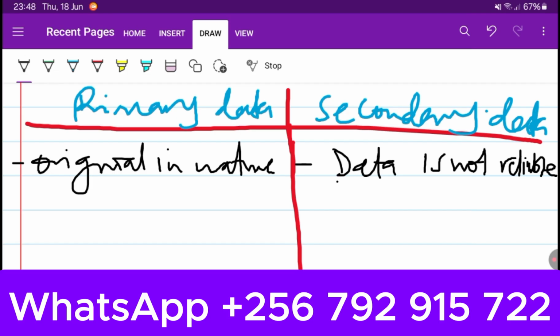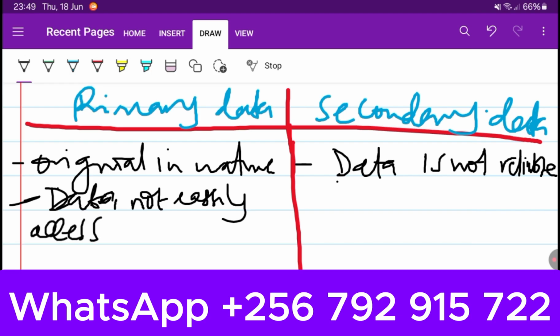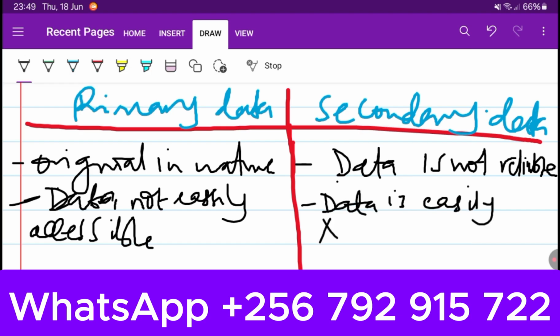Then here, of course, for primary data, the data is not easily accessible. On this side, the data can be easily accessed.